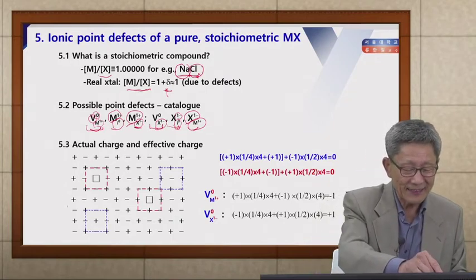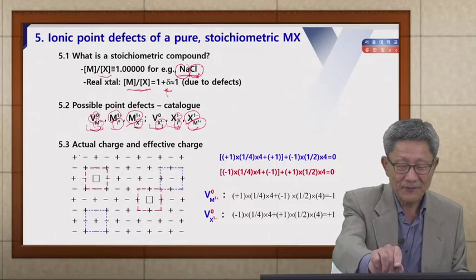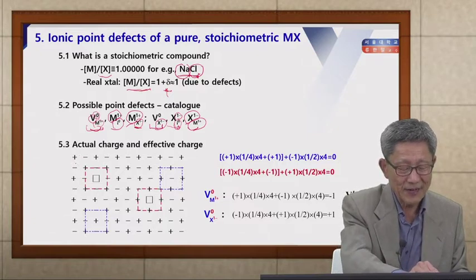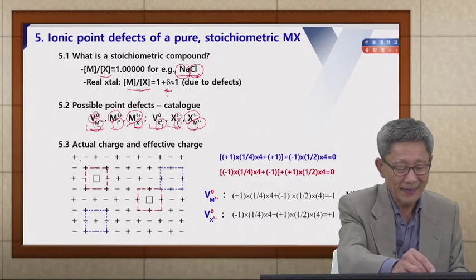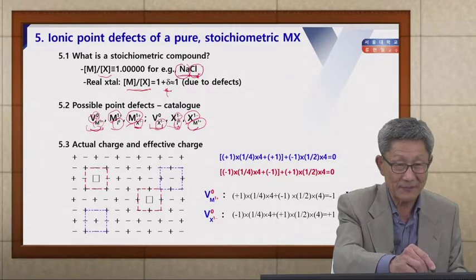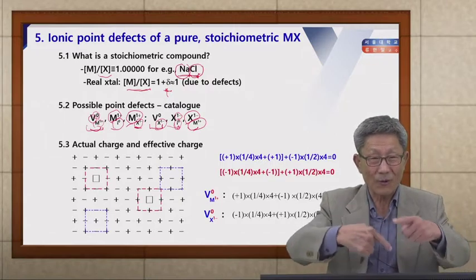Okay, here is the ideal crystal. So, for example, for the case of sodium chloride, you have the pattern of distribution like this: plus, minus, and in this direction, all plus, minus. So, plus and minus occurs alternatively.